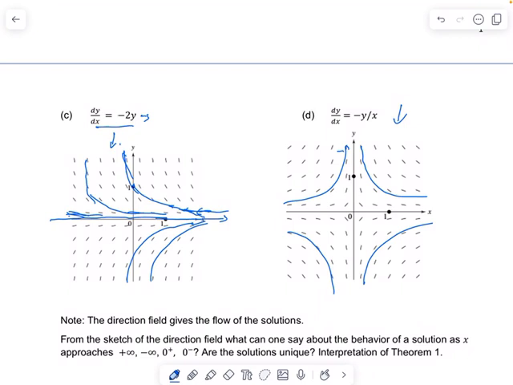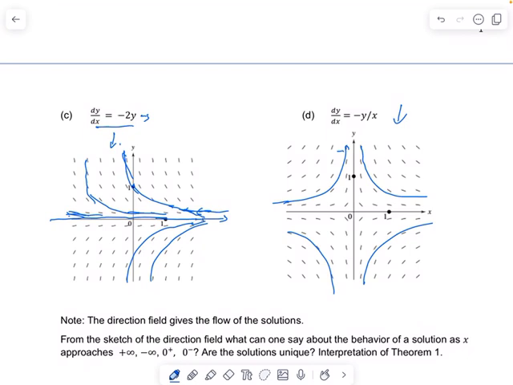Now if we look here in part D, when x is 0, you can see that 0 is in the denominator, so the function is not defined. If y is not 0 but x is 0, then we will never reach 0, and the x-axis will be the asymptote.